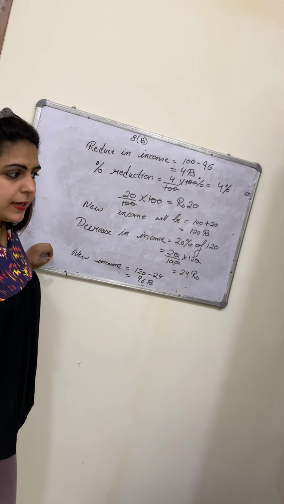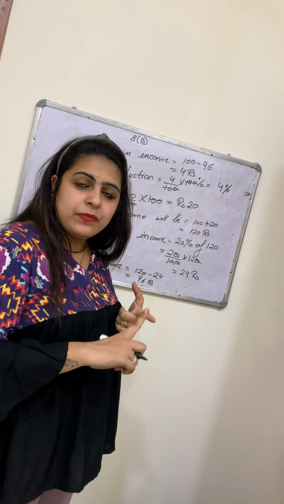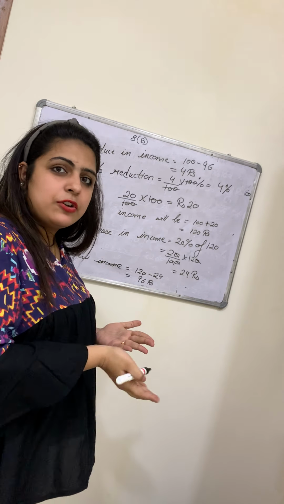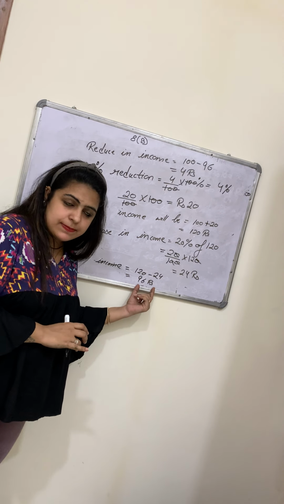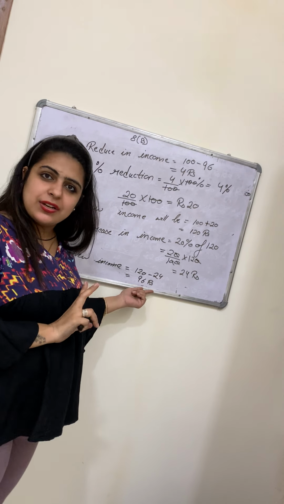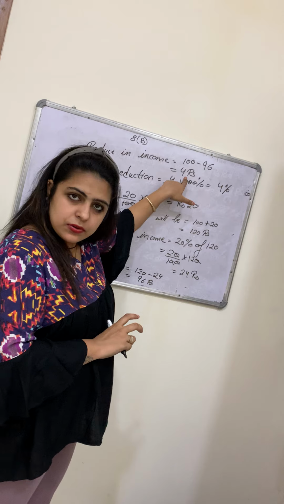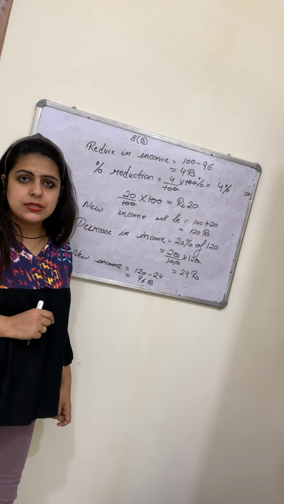See, यहाँ से दोबारा explain कर रही हूँ मैं. We started with 100 rupees income. After applying first a 20% increase and then a 20% decrease, the income we reached is 96 rupees. We started from 100, we reached 96. That means there is a reduction in the income, and the reduction in the income is 4 rupees. Okay? Now we have to calculate the percentage of this 4 rupees.